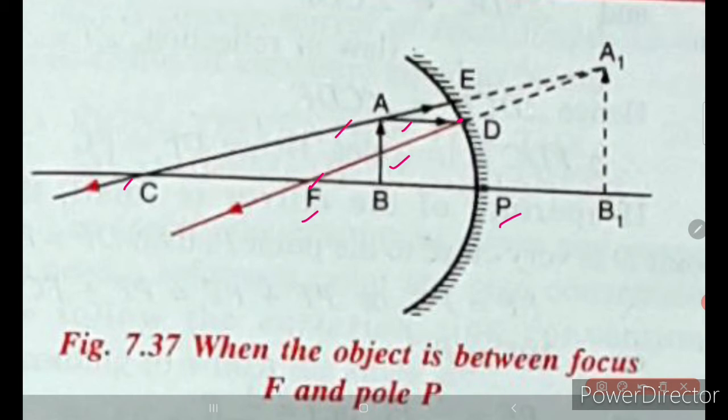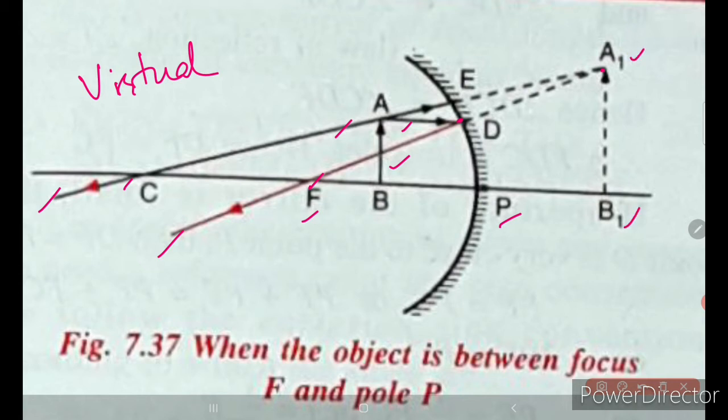But now the rays are diverging, that means they are going away from each other, so they will never meet, not even at infinity. In fact, at infinity they will be very wide apart. So when we produce these rays back, they appear to come from this particular point. Whenever the rays appear to meet, they create a virtual image. Thus we have image A1 B1.